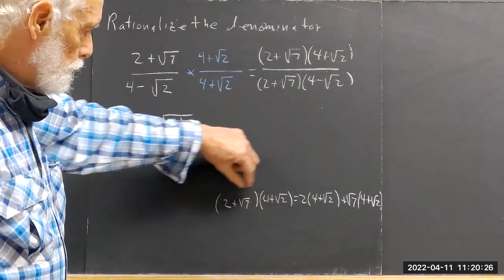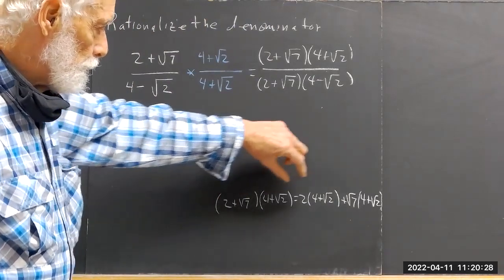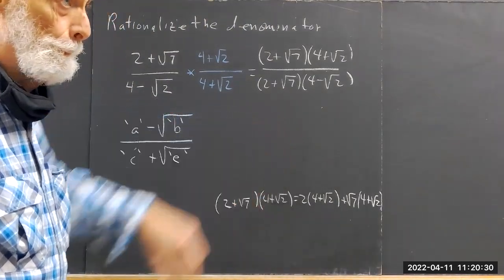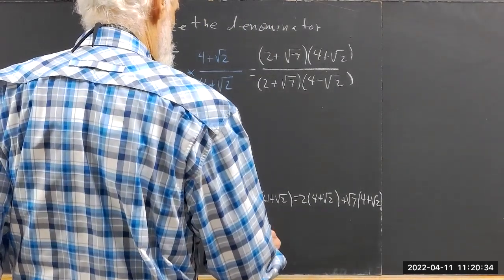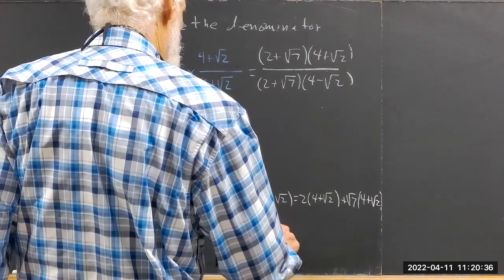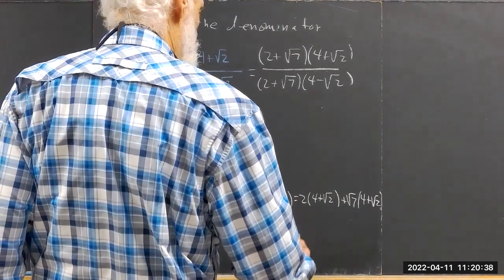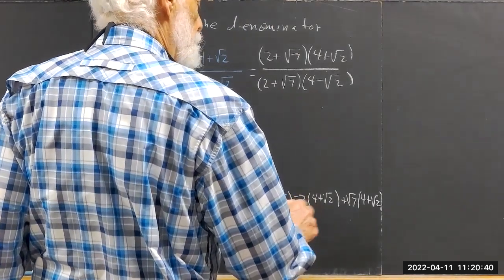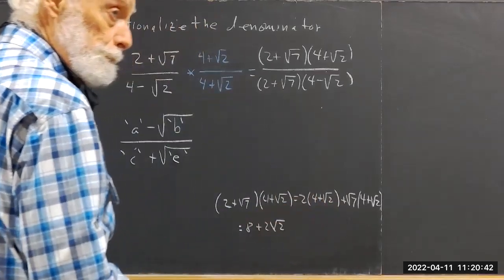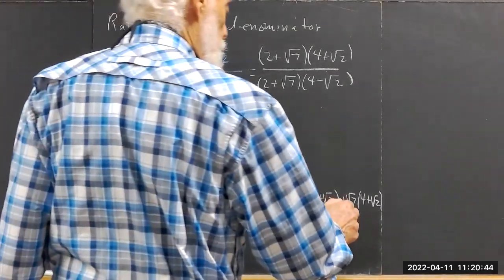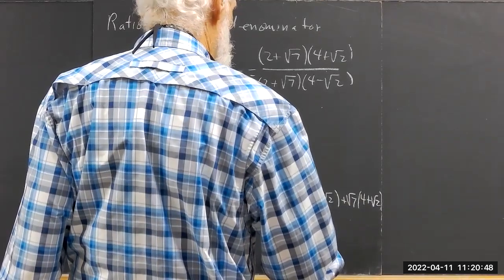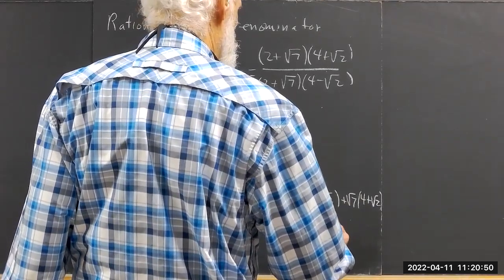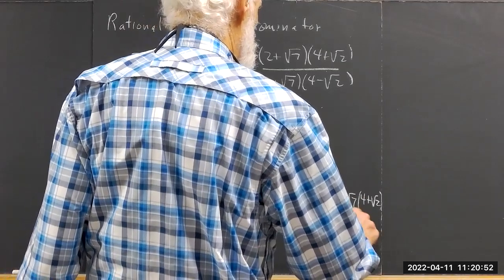This times this is 2 times this plus the square root of 7 times this, right? Which is 8 here now, and 2 square root of 2. And then square root of 7 times 4, which I'll write 4 square root of 7, plus the square root of 14.